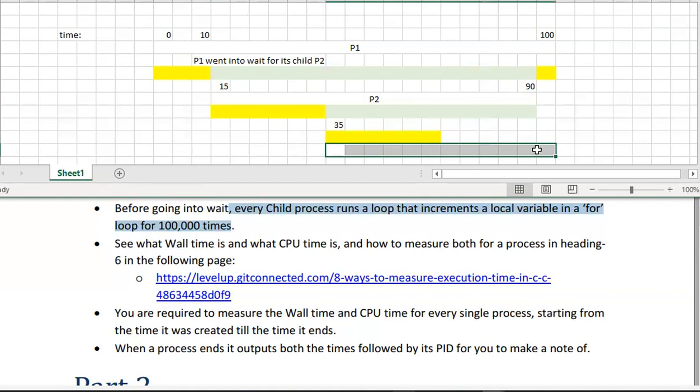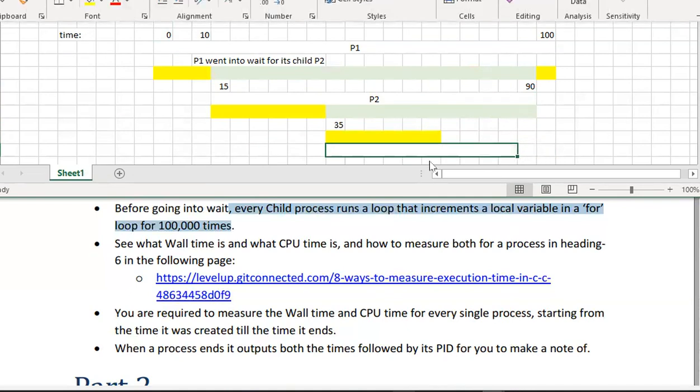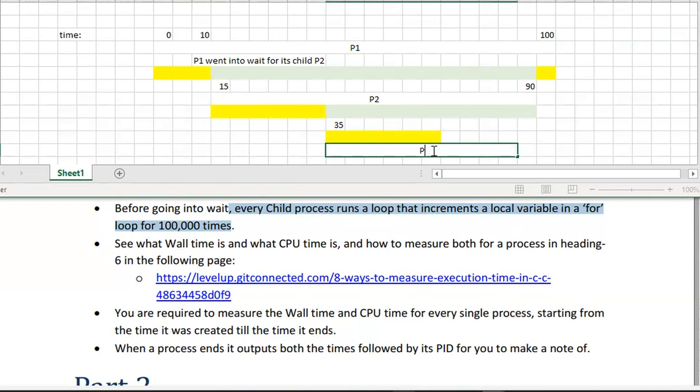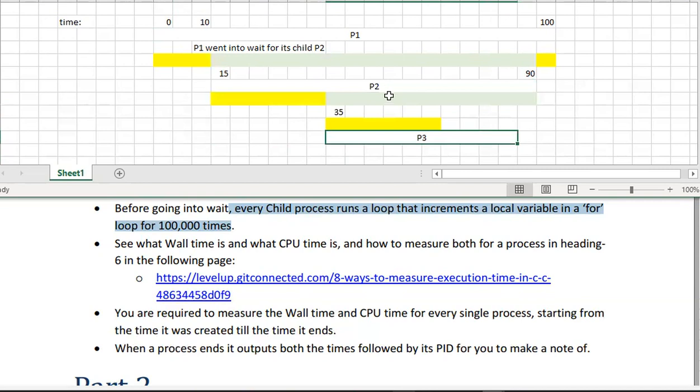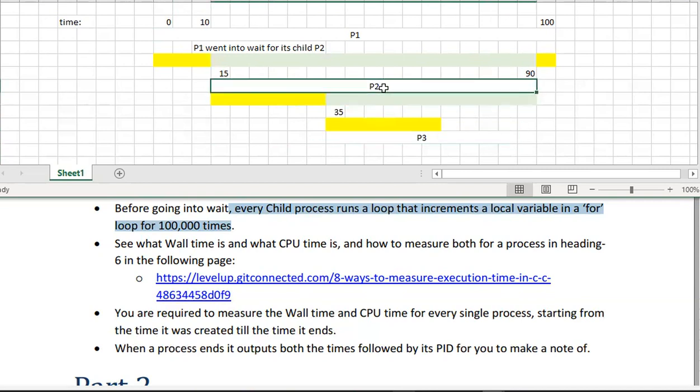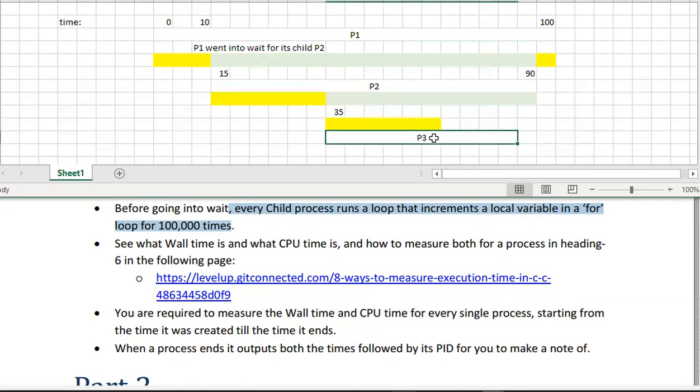And this process P3 will indirectly keep everyone waiting, P2 and P1. Since it's a child of P2, it is going to keep P2 waiting, and because P1 is waiting due to P2, P1 is also waiting indirectly due to P3, right?